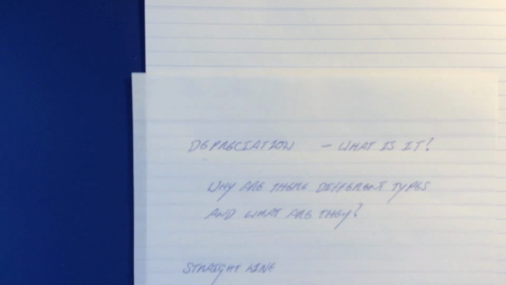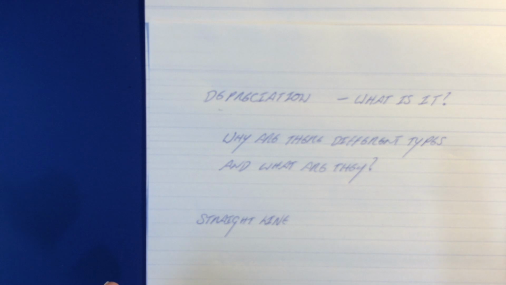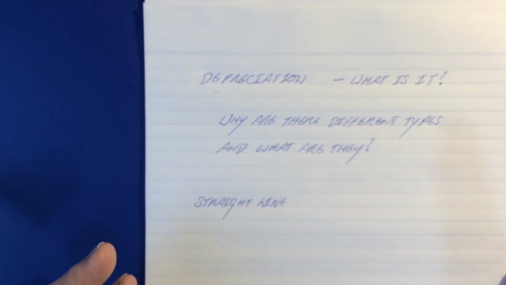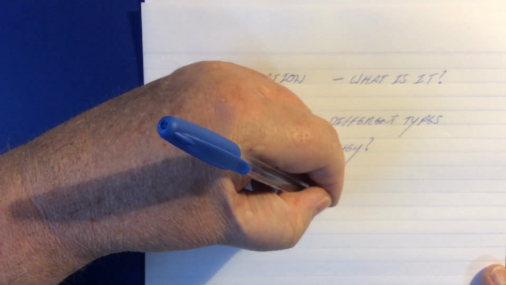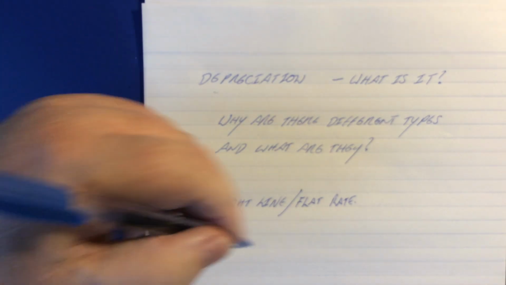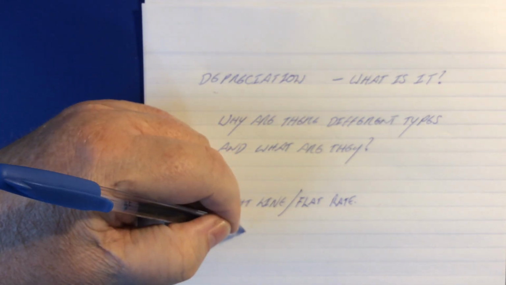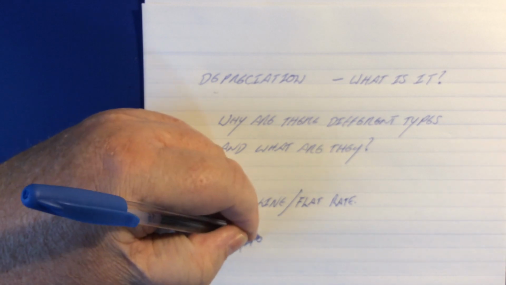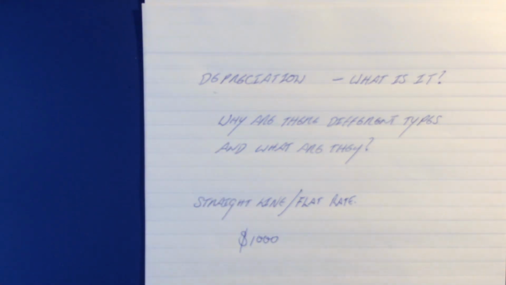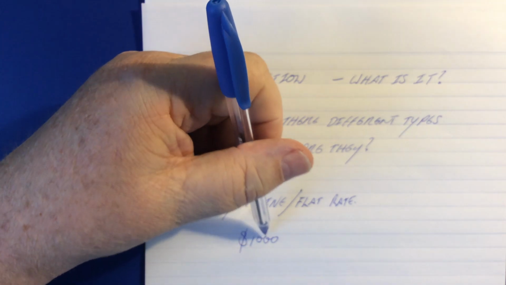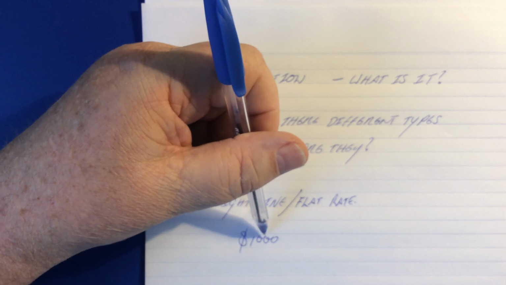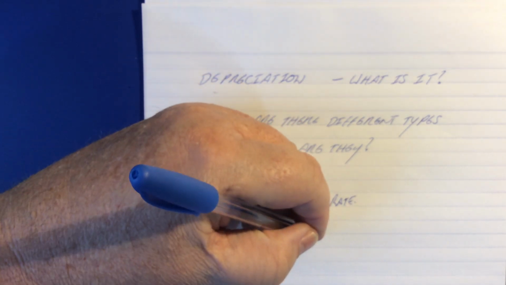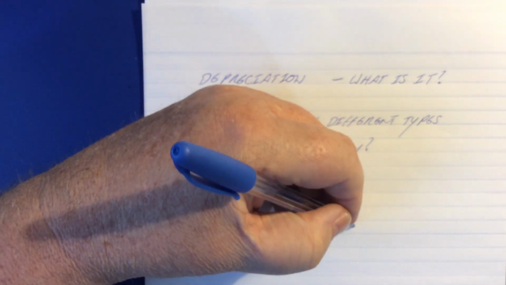Okay, so the first type is sometimes referred to as flat rate or straight line. I'll add flat rate here. And how this works is it takes the initial value of the asset, which we'll say is $1,000, and every allocated period, whether that's a year or 6 months or a month or whatever, the value of this is decreased by a set amount.